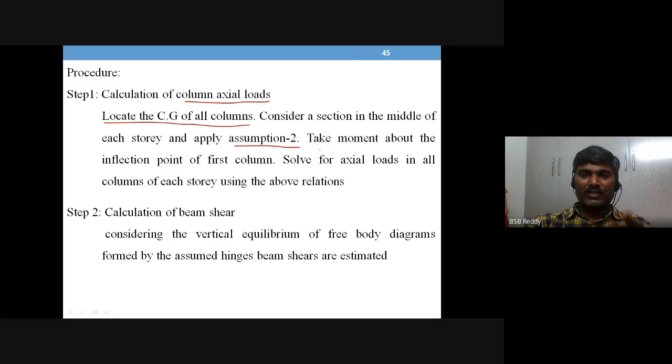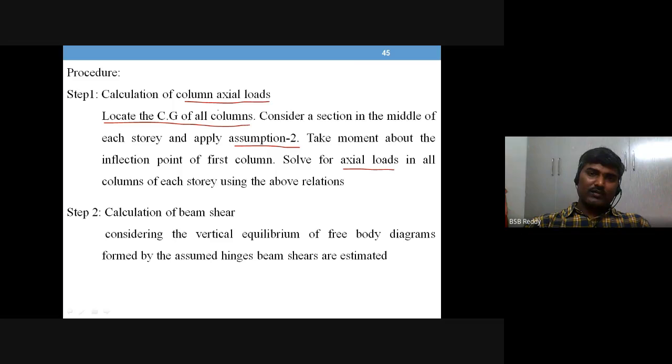You will get a relation between the axial loads of the columns of that particular story, then solve for the axial loads. We will take up one example and see how we calculate the CG of all the columns, how we apply the assumption, and how we calculate axial loads.